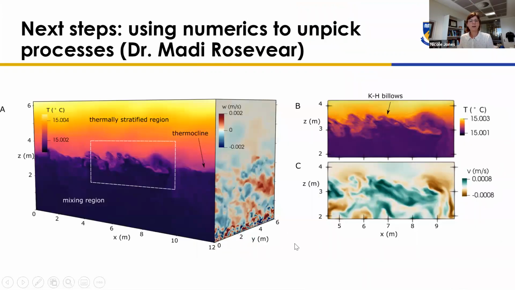And so I also want to connect this a little bit to the work that Maddie has started since she's begun here, and she's done some wonderful work using LES models to start to really diagnose the process of growth of the momentum and mixing boundary layer regions.